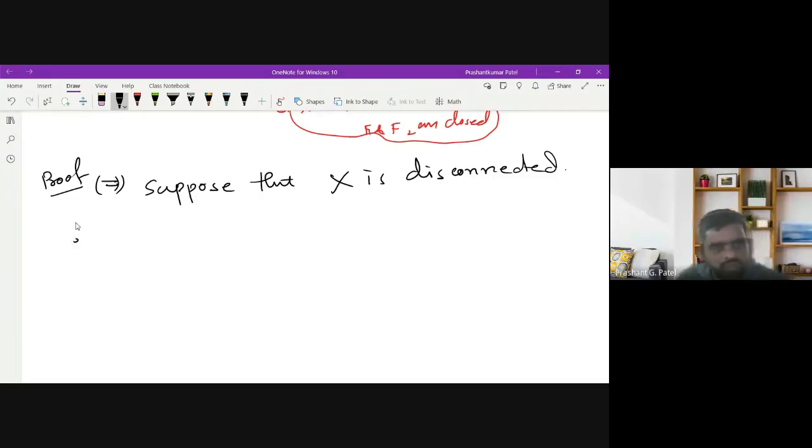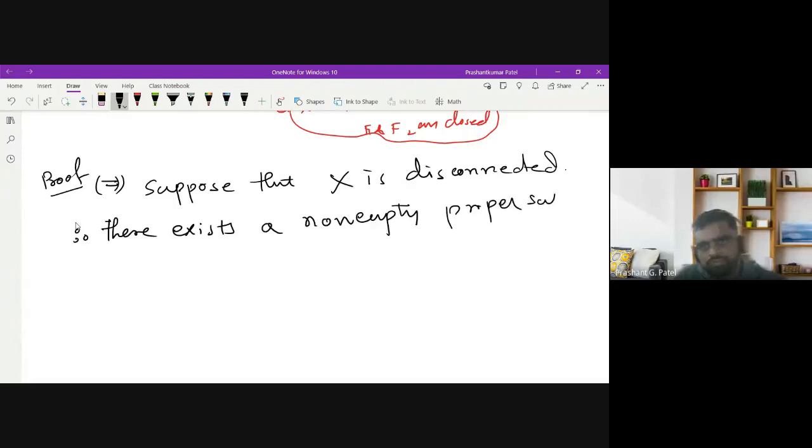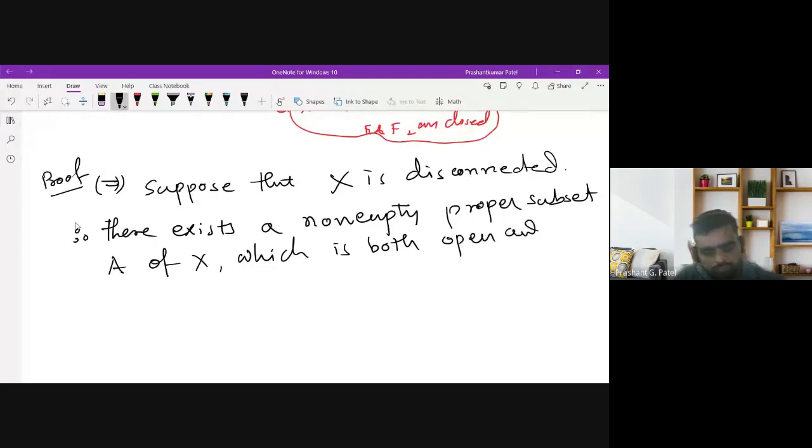So therefore there exists a non-empty proper subset A of X, which is both open and closed in X. This is due to the above or previous result.